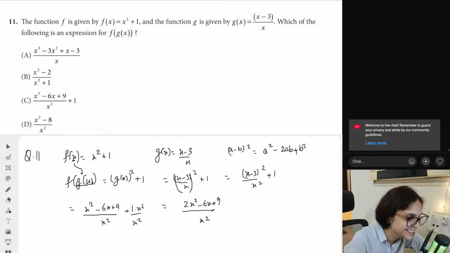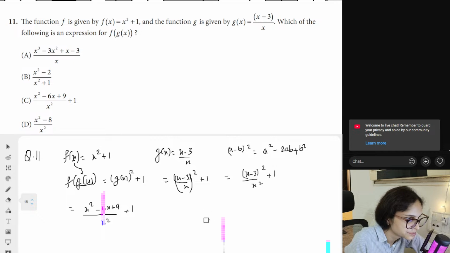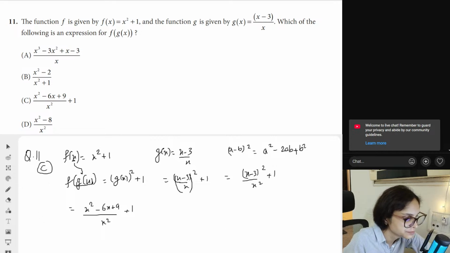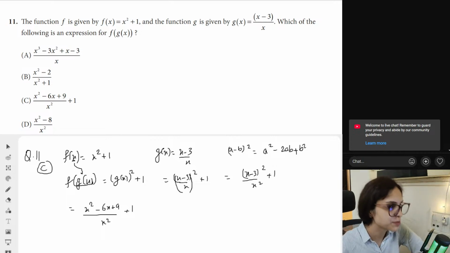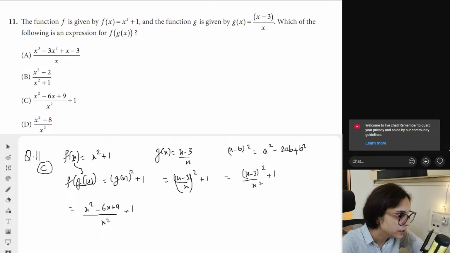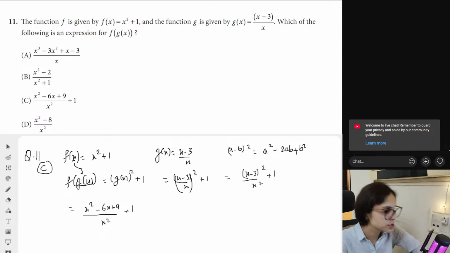I thought I'd have to do the extra steps, but you don't need to. So this is option C, because x squared minus 6x plus 9 over x squared plus 1. So option C matches our description.